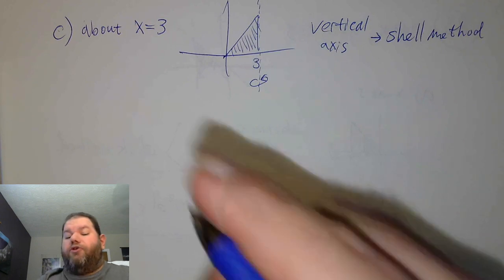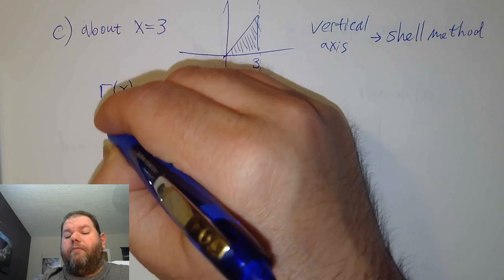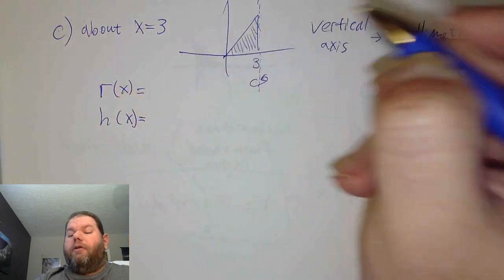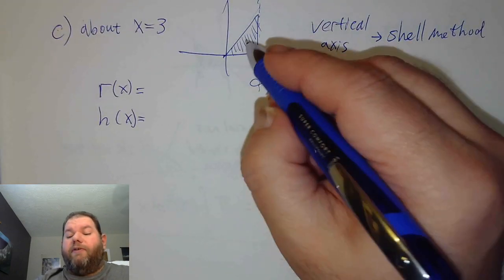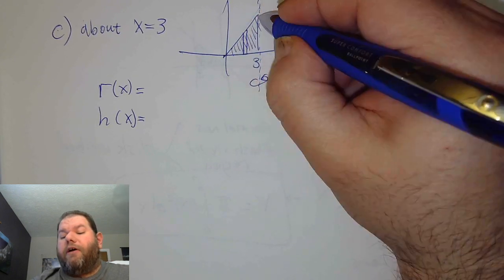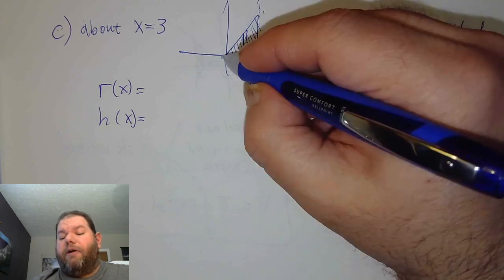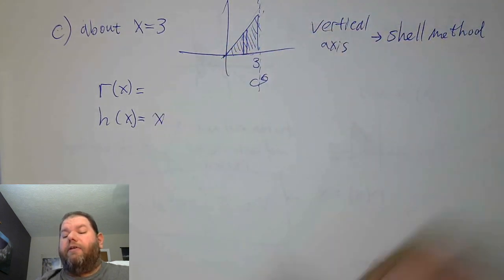Okay, now with the shell method, once again, we need r of x and we need h of x. Now h of x doesn't really change because h of x is just the vertical distance between the top and the bottom edge of the shaded region. That's still just x minus 0, so just x.